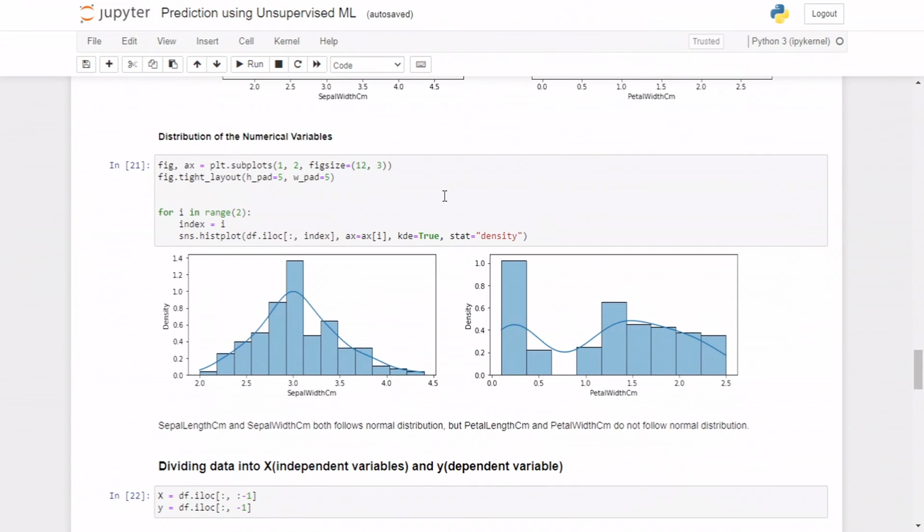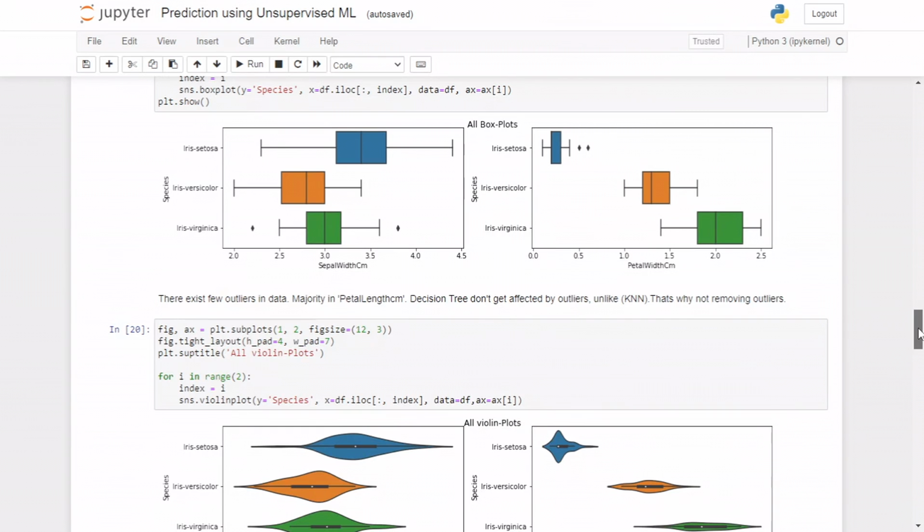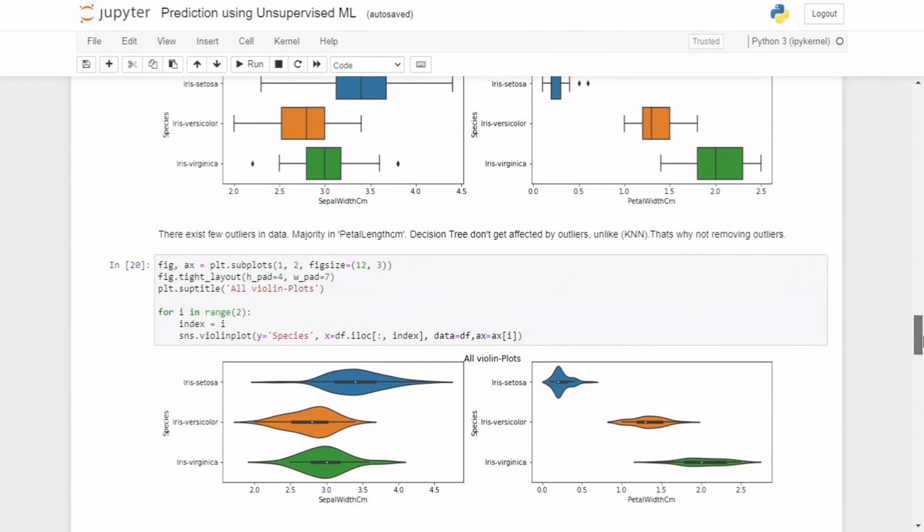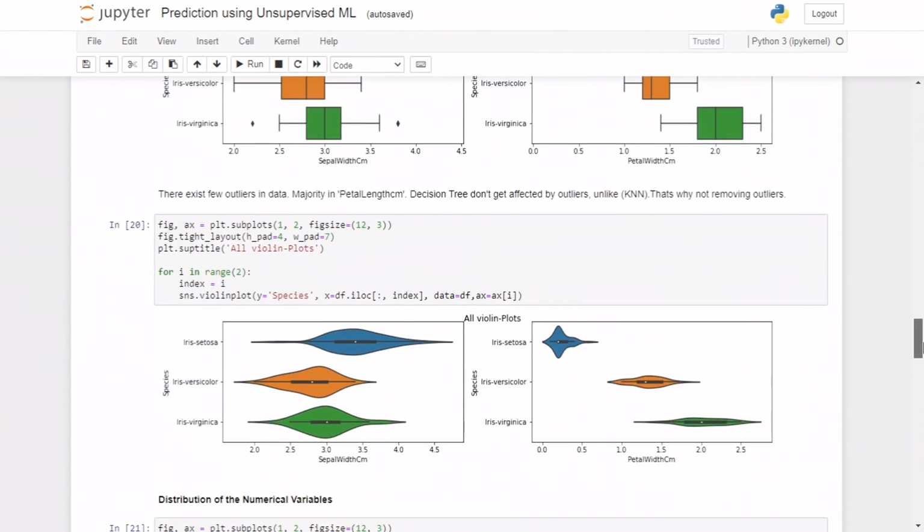We are checking the distribution of the numerical variables, and we can say that sepal width follows a pretty much normal distribution, but petal width is not following a normal distribution as there exist some outliers.